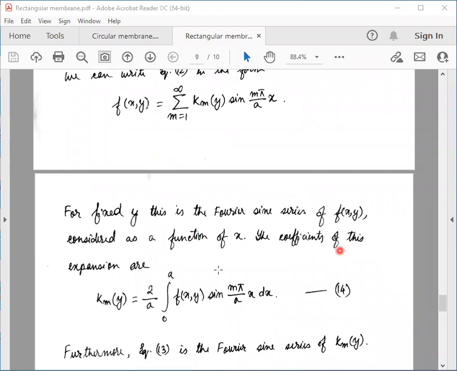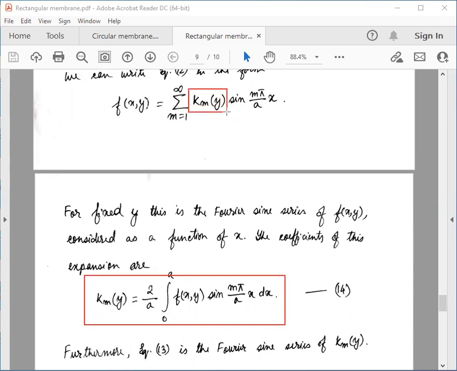The coefficients of this expansion are given by Km(y) equal to 2 by a, integration over 0 to a, f of xy sin(m pi x by a) dx. So Km(y) is given by this expression. Clear?